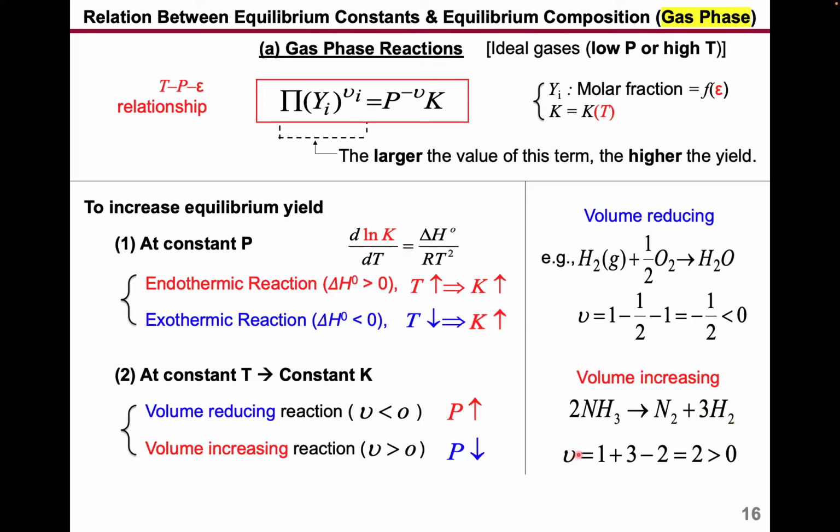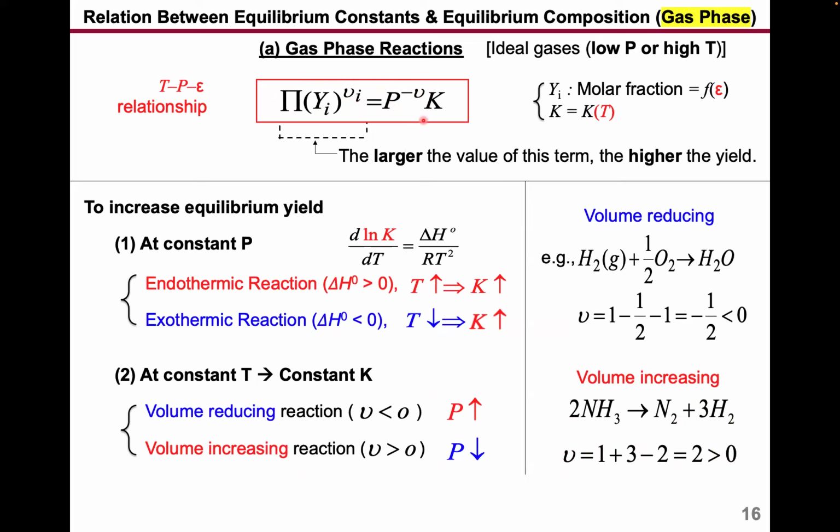Then your total summation of νi is going to be 1 plus 3 minus 2, equal to 2, which is positive. So for ν to be positive, minus ν is going to be negative. So in order to increase this, you need to decrease the pressure in this particular case.